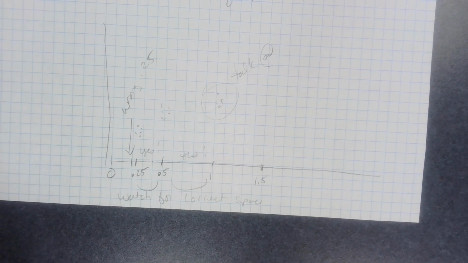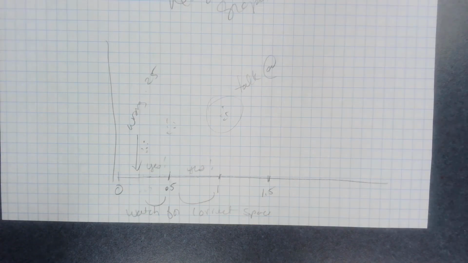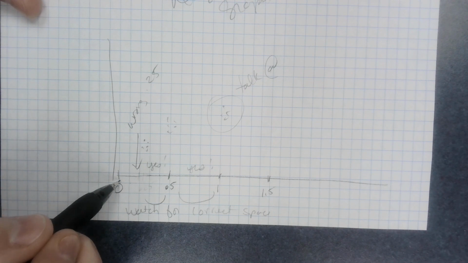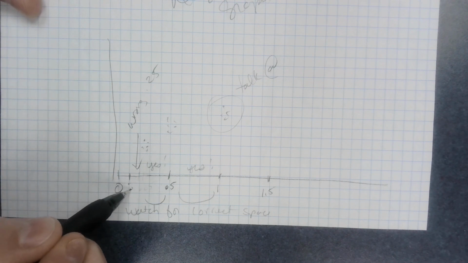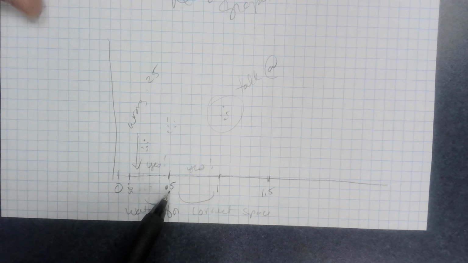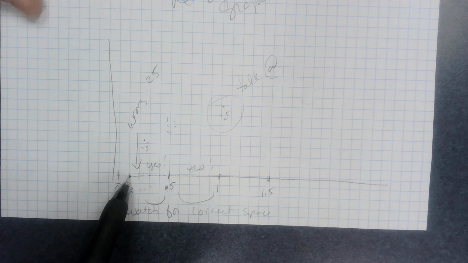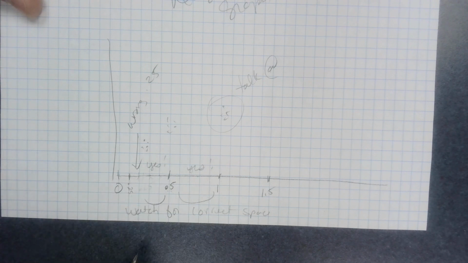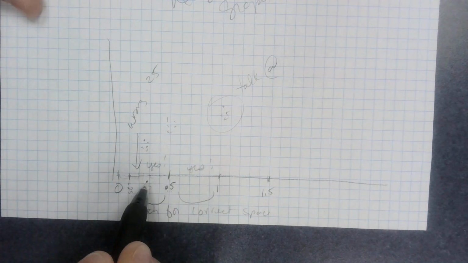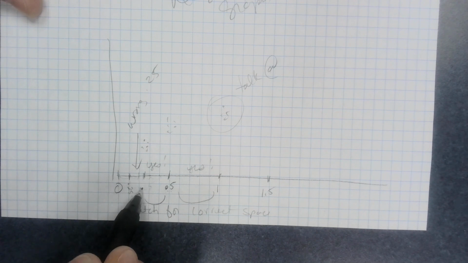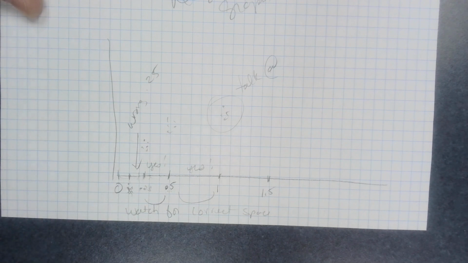But I cannot say, hang on just a sec. I had to erase a little bit there. So I can't say, if this is 0, I can't all of a sudden make this 0.25 because 0.5 is right here. So 0.25 is halfway between 0 and 0.5. And so if I have 1, 2, 3, 4, 5 boxes, 0.25 needs to be about right here, not right there.